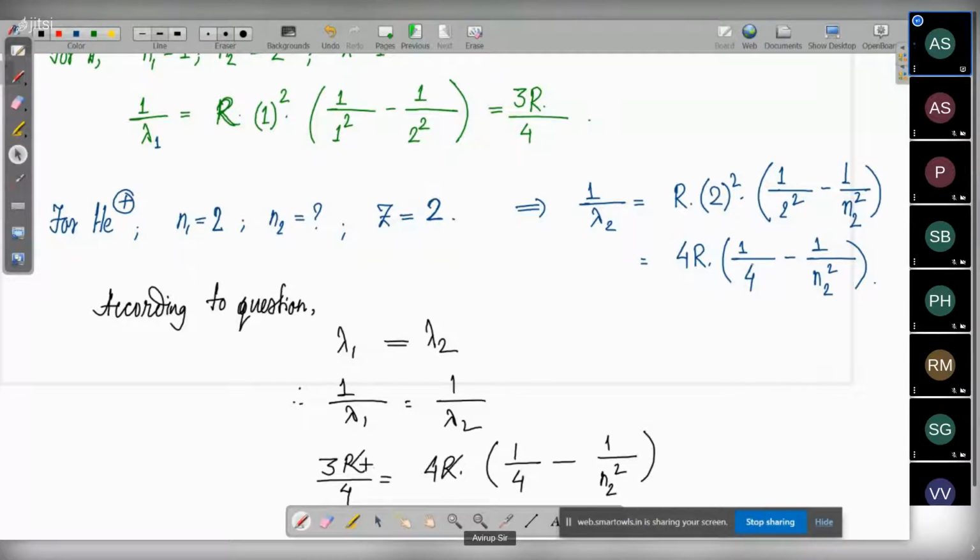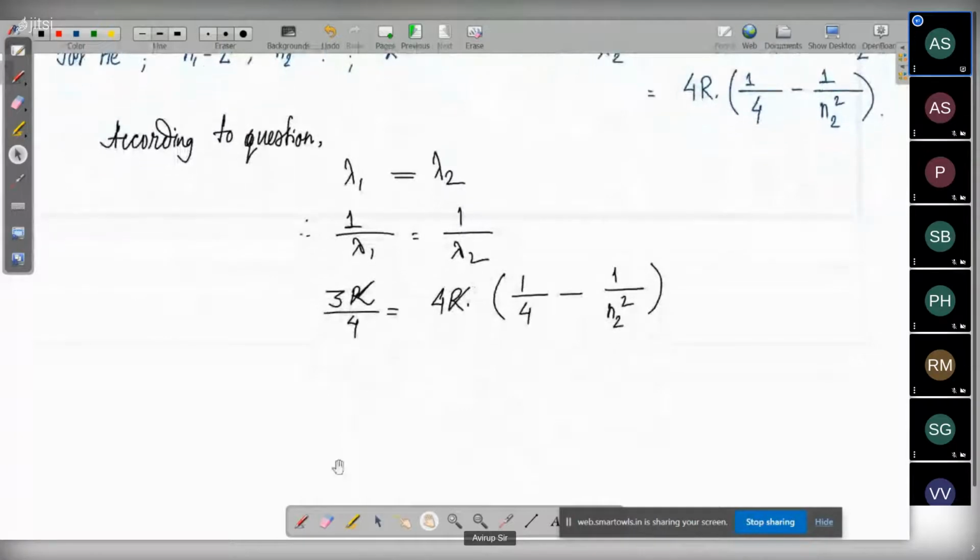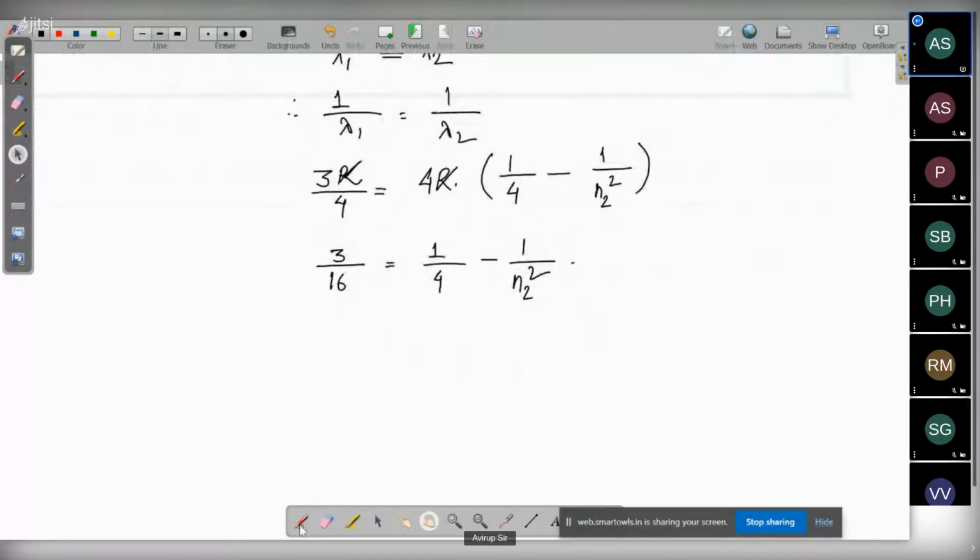That is why I told you not to put down the values of R in this particular sum. So the 4 will come on the left hand side. So 3 by 16 is equal to 1 by 4 minus 1 by n2 square. So from here find out the value of n2.